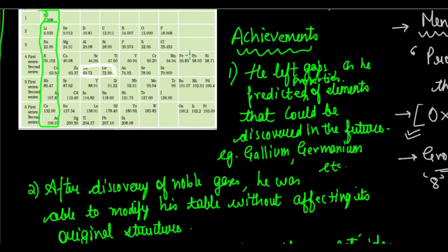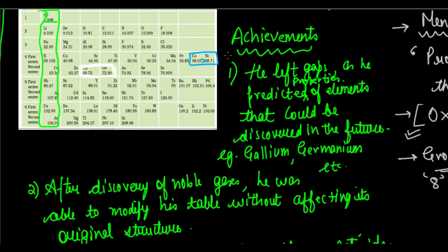So if you see here, cobalt and nickel. Here cobalt has a higher atomic mass than nickel, like 58.93 is greater than 58.71. But still cobalt is coming before nickel. Why? Because to make sure that the periodic function remains constant. It is going with the flow, so that the periodicity of elements does not change.